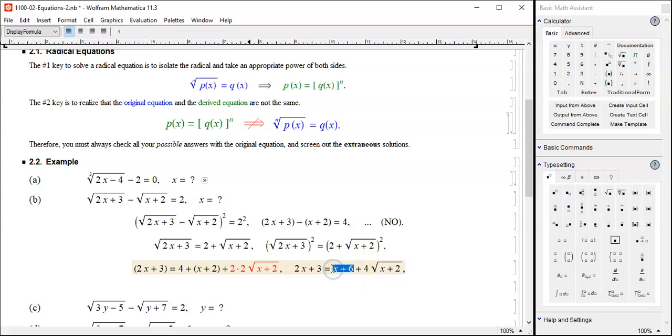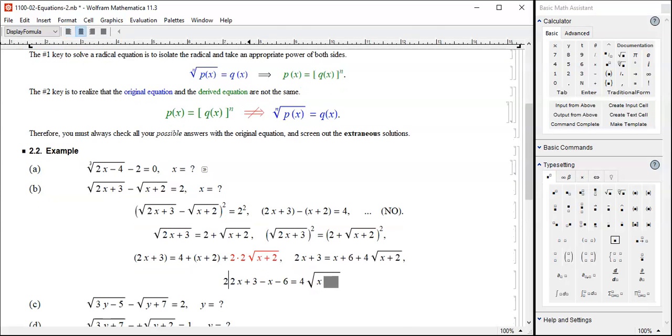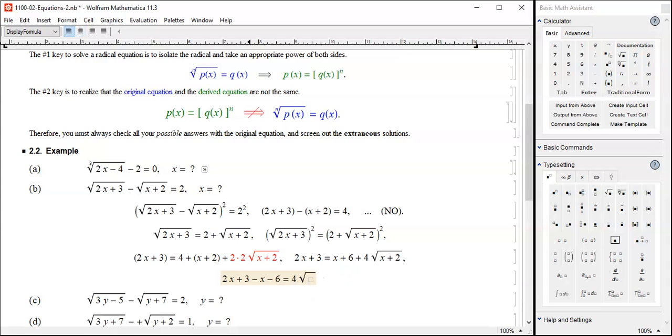I'm going to flip these to the other side. 2x plus 3 and then subtract these away. Again, I clicked the wrong key.